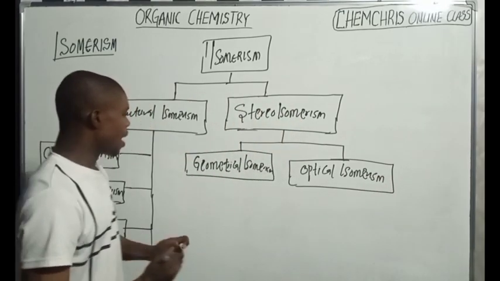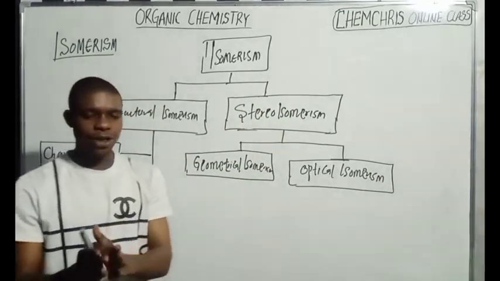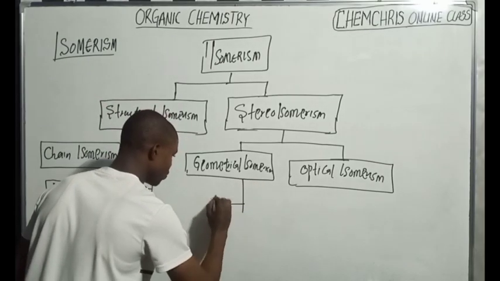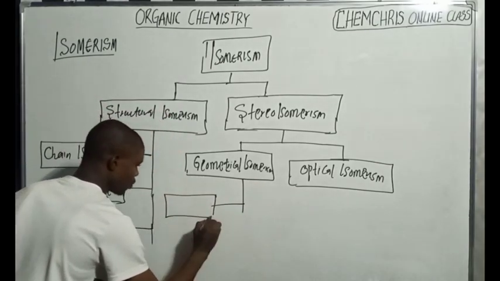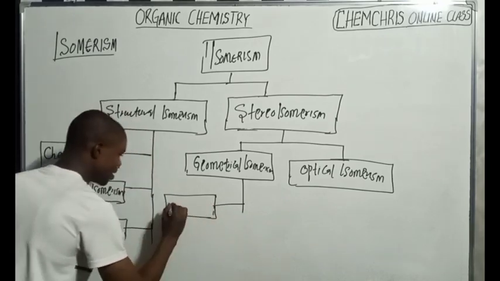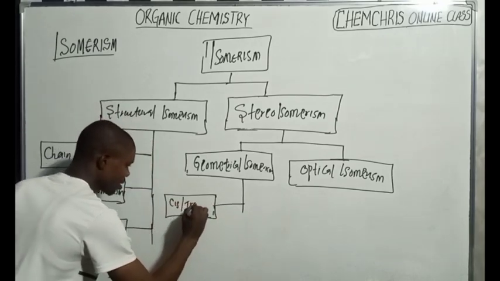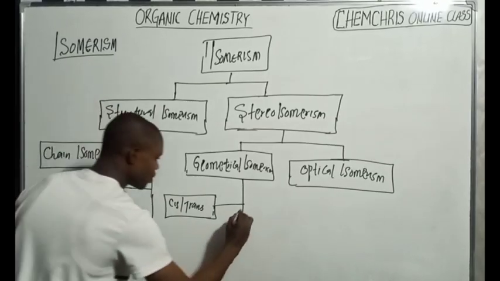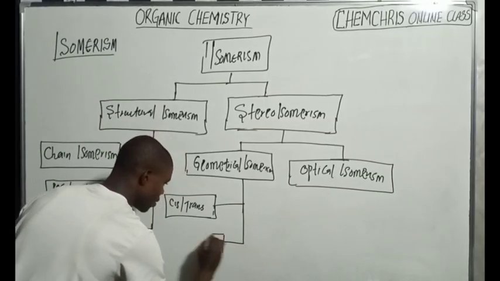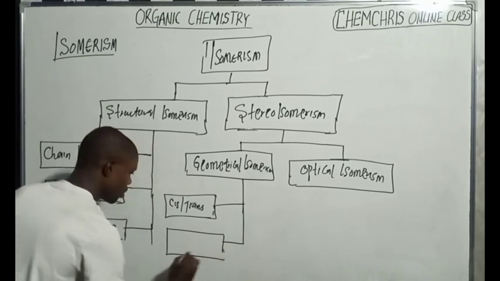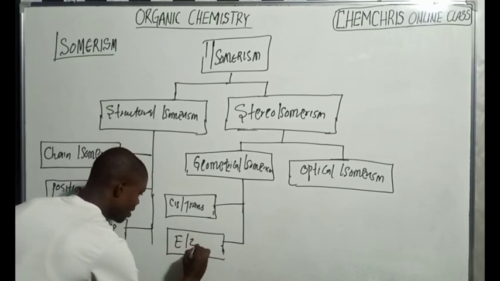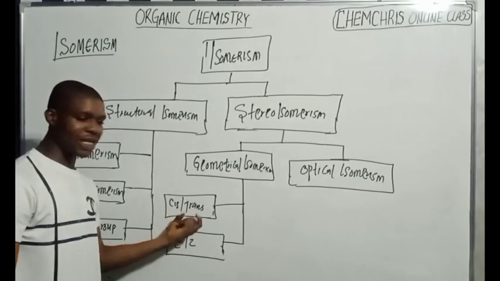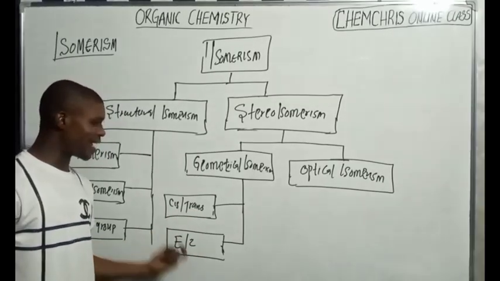Now, this geometrical isomerism is divided into two. Here we have cis/trans and E/Z. Is it okay? So geometrical isomerism is divided into cis and trans, and E and Z.